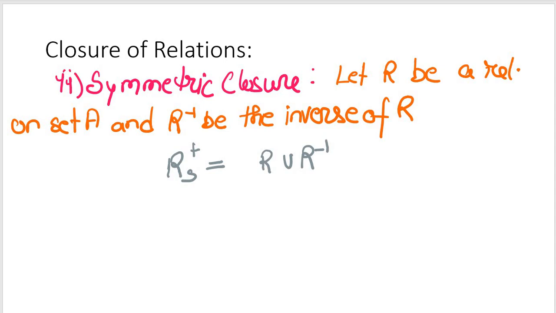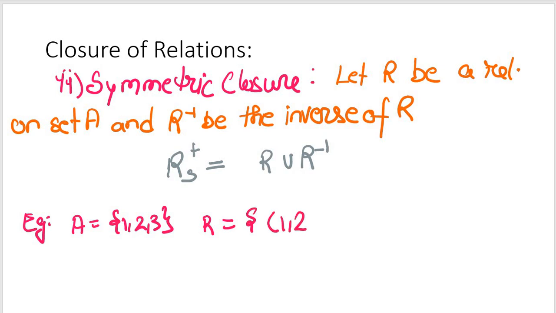Now let's take one example. So once again the things will be much more clearer. I have, let's say, the same set A in the form of 1, 2, 3, and I have a relation R which is, let's say, (1, 2), (2, 3), (3, 2), and (2, 1).